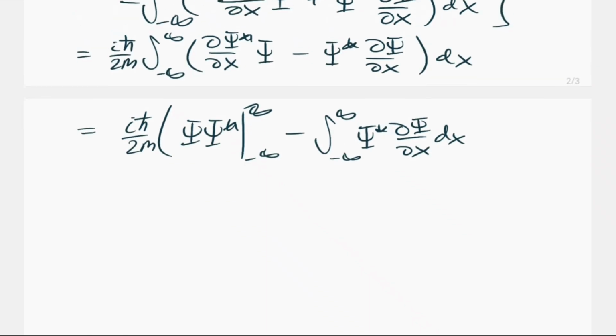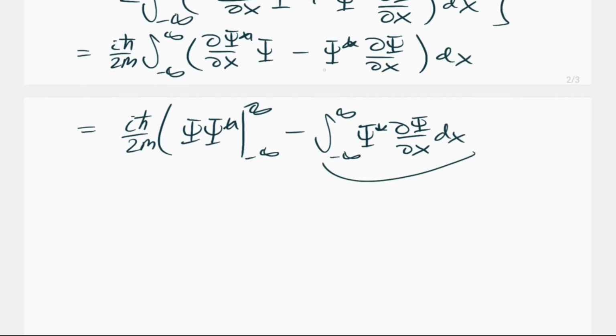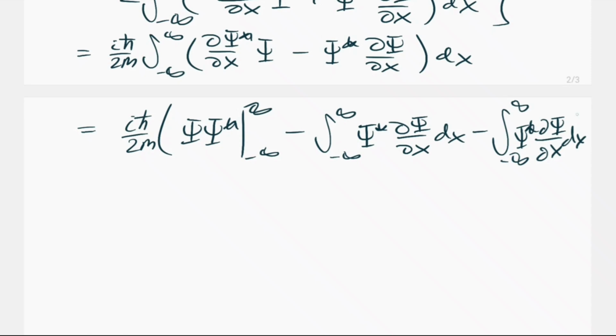That was from our integration by parts, and now we're going to pull this down again. You'll see that's actually the same term, so minus the integral from negative infinity to infinity of psi star d psi dx, dx. And that's all being multiplied by that i h bar over 2m. So we close our parentheses, and we note that the boundary term is 0 by definition of the wave function.